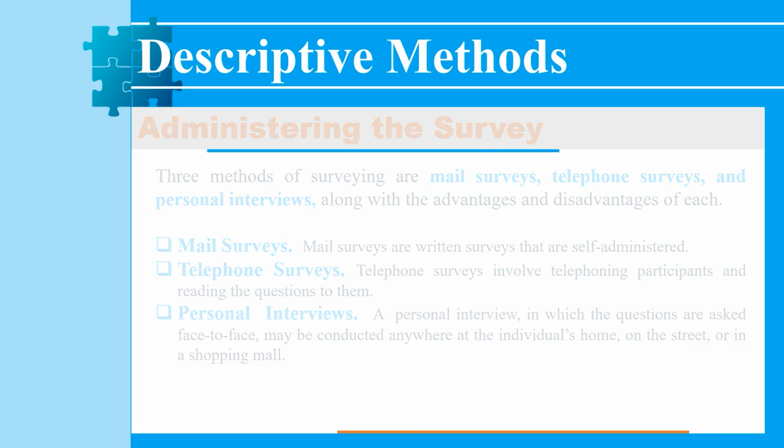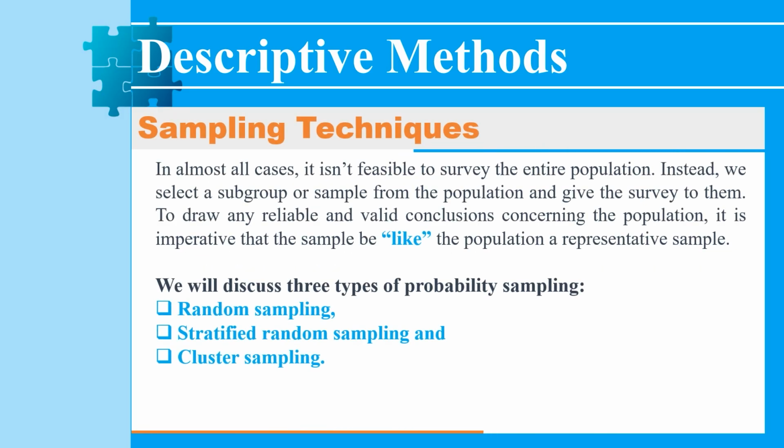Let's go to another point, which is the sampling technique. In almost all cases, it is not feasible to survey the entire population. Instead, we select a subgroup or sample from the population and use the survey on them to draw reliable and valid conclusions concerning the population.